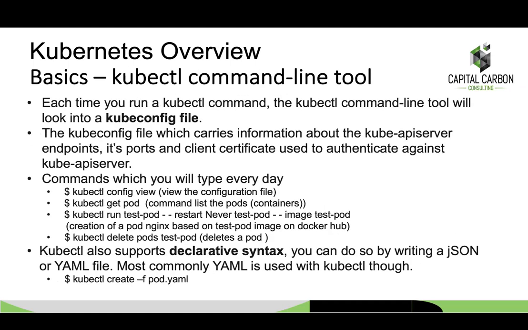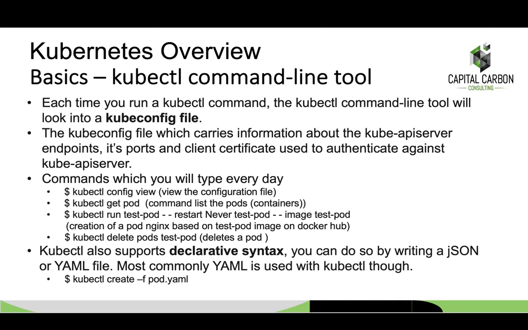We'll talk about the kubectl command line tool. Each time you run a kubectl command, the kubectl command line tool will look into the kubeconfig file. The kubeconfig file carries information about the Kube API server endpoints, its ports, clients, and certificates used to authenticate against Kube API server.